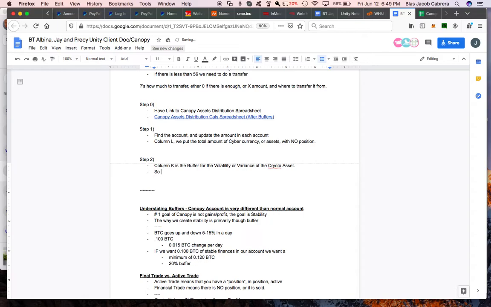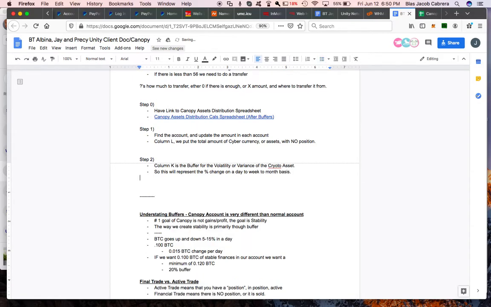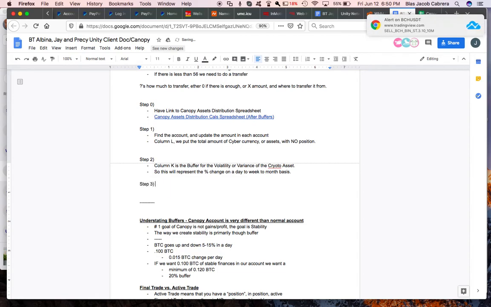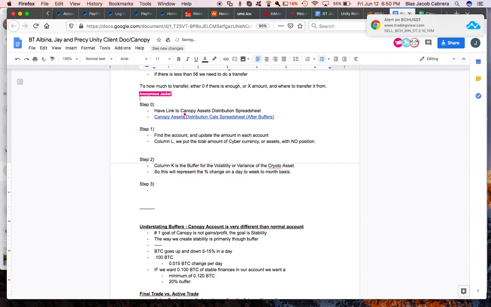This will represent the percentage change on a day to week to month basis. Okay? So you guys understand step 2? Yes. Okay, so this again is the volatility buffer. This one is the no position assets.